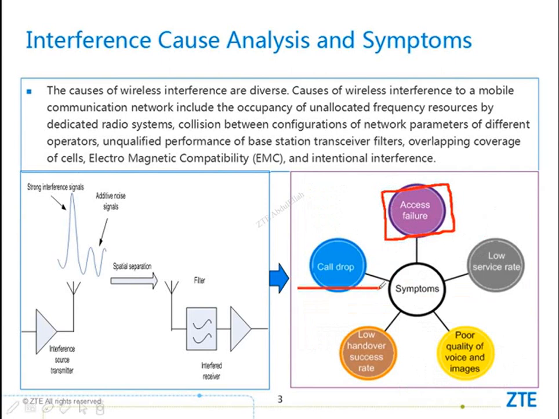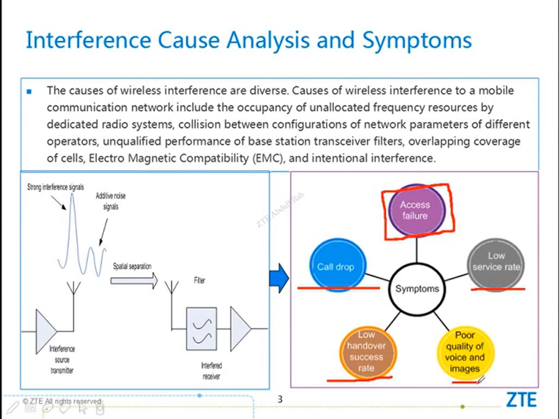Also will cause call drops. The call drop indicator will become higher, and also this will affect the handover. This interference will cause a low handover success rate. Also, this interference will cause a low service rate and affect the throughput.